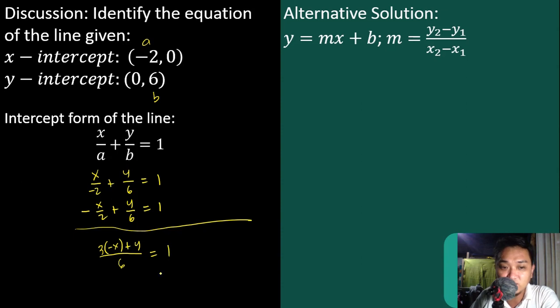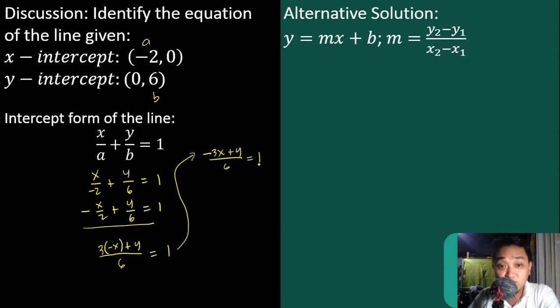That is equivalent to 1. Let us solve this. So that is the same as negative 3x plus y over 6 is equivalent to 1.